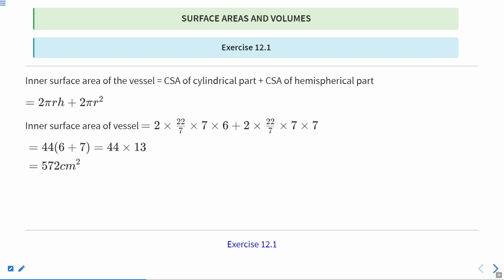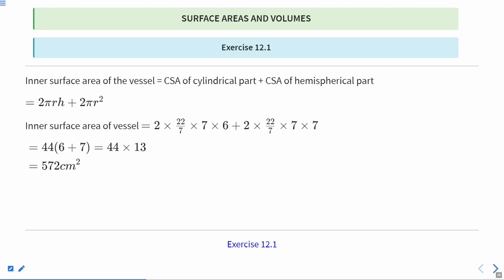So now we can put these values in the formula. The inner surface area of the vessel is equal to 2 times 22 by 7 times 7 times 6 plus 2 times 22 by 7 times 7 times 7. Simplifying, this is 44 times (6 plus 7), which is 44 times 13, equal to 572 cm square.